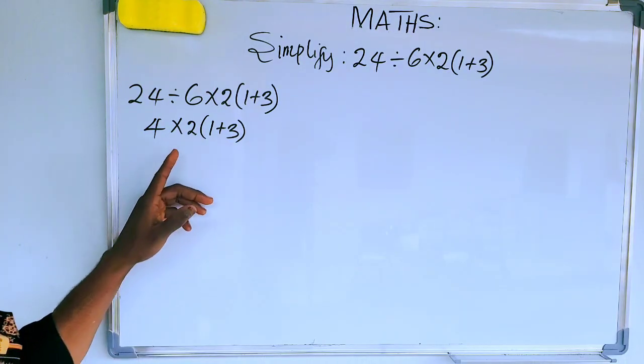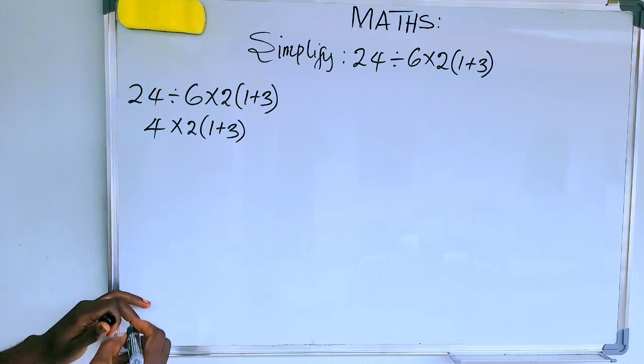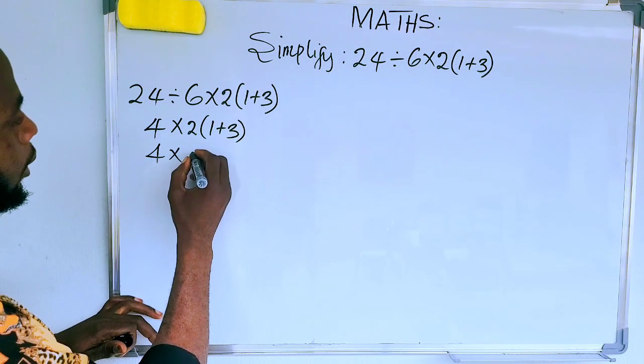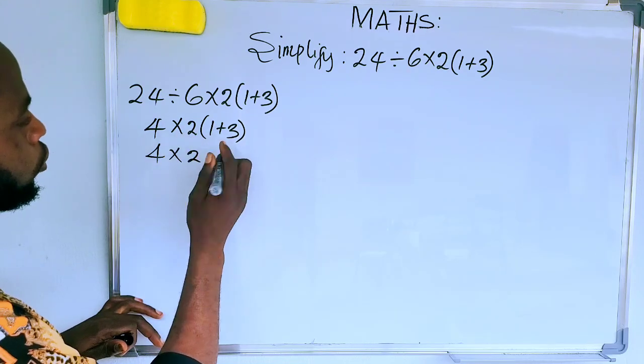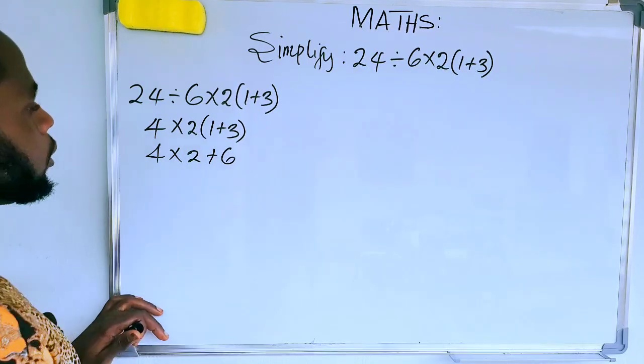Now, at this point, they expand this. And you have here 4 multiplied by 2 times 1, that gives 2. Then 2 times plus 3, that gives plus 6.